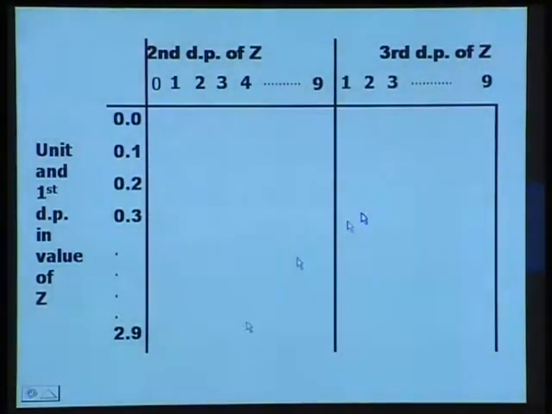So the values of Z are written in the first column and the top row. The remaining values are values of phi.